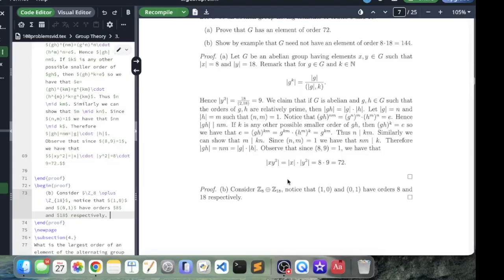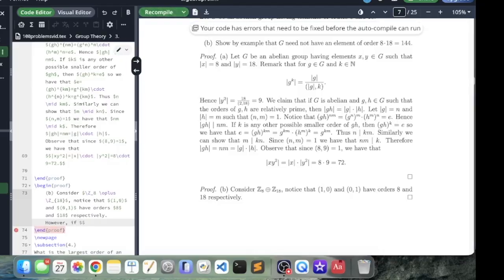Okay. However, if (x, y) is, again, I shouldn't use the same variables, but whatever.